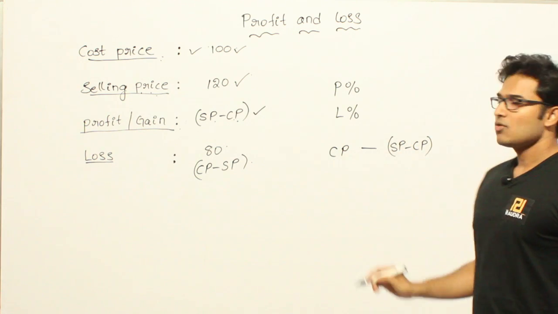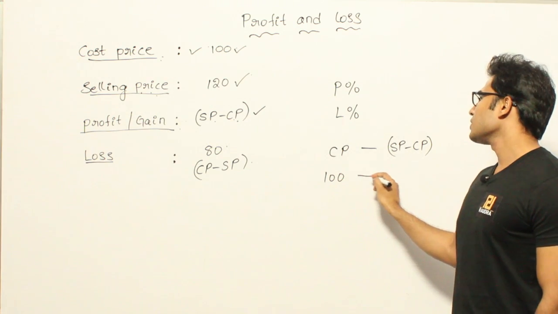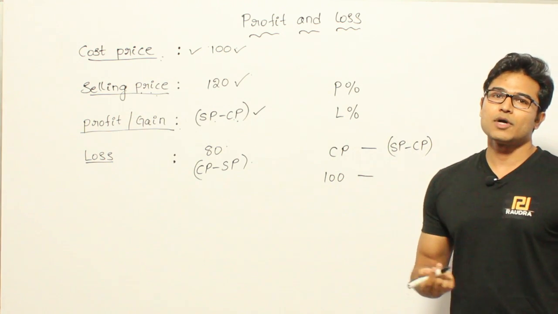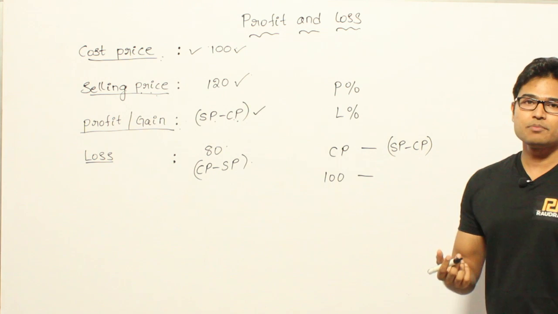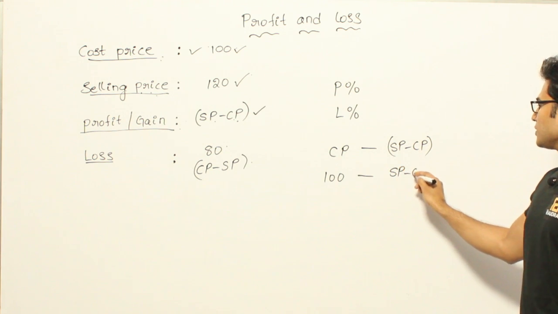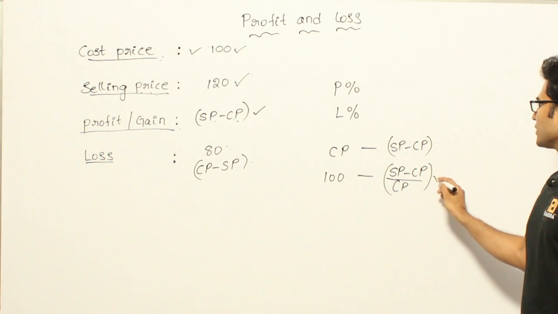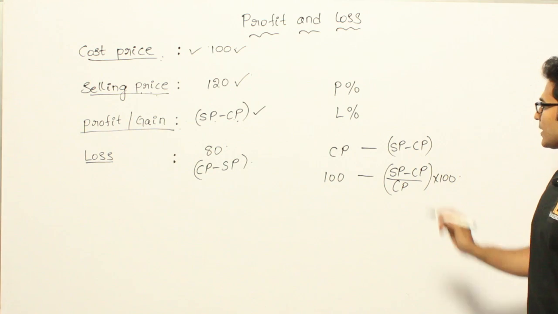Now for 100 rupees of investment, what would be your profit? That is called the percentage. So the profit percent is equal to (SP minus CP) by CP into 100.